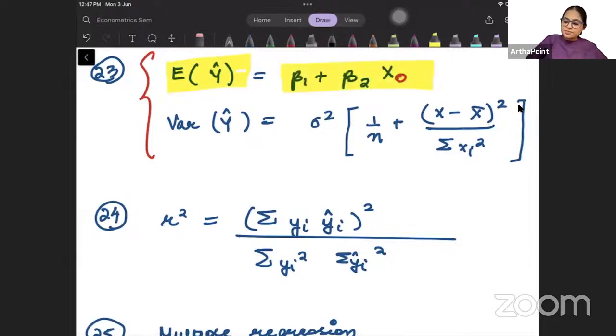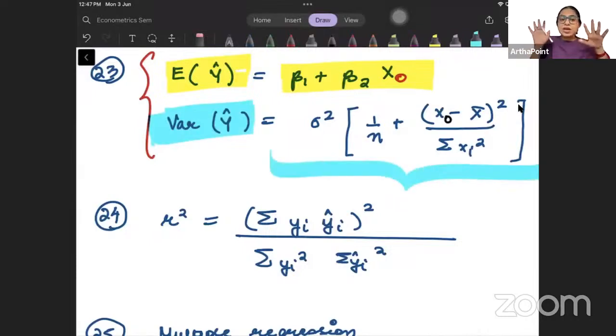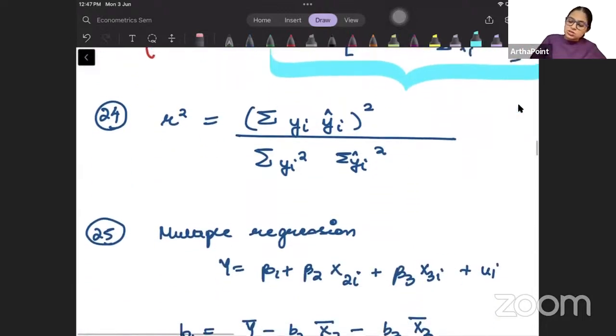But what if we need to go ahead and find the variance of predicted y? So this is the formula for finding the variance of the predicted y. Now this is the formula of r square in case you want r square in terms of actual and predicted y's.